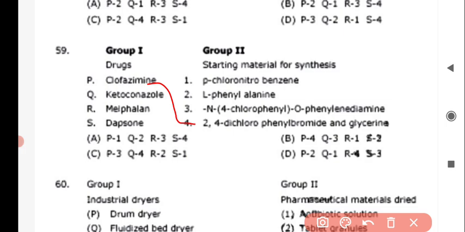For ketoconazole, the correct answer is that is N4-chlorophenyl or phenylene diamine. And then for the next, the correct answer is option number 1, that is parachloronitrobenzene. And for dapsone, the correct answer is option number 2, L-phenylalanine. So the correct answer for this question is option number B.